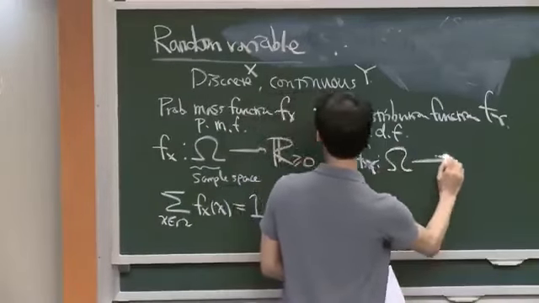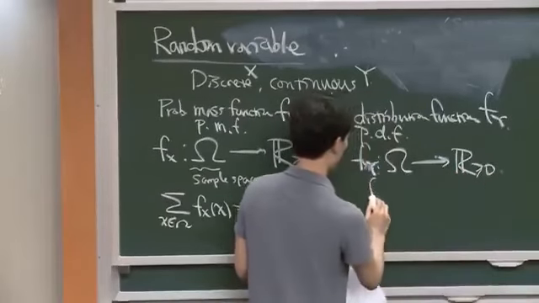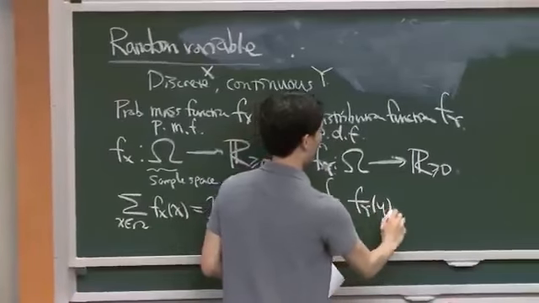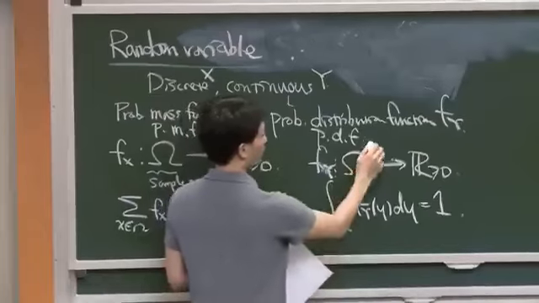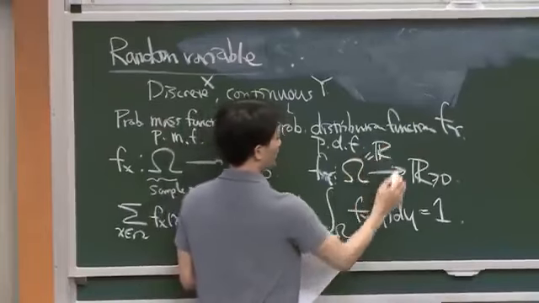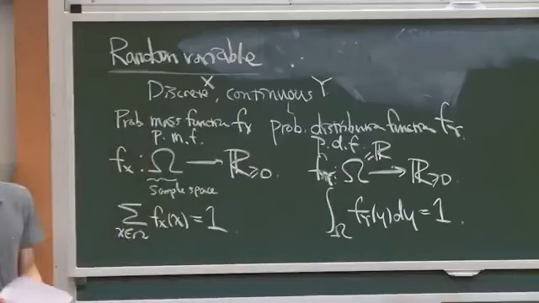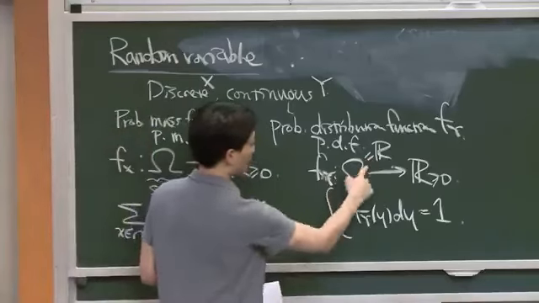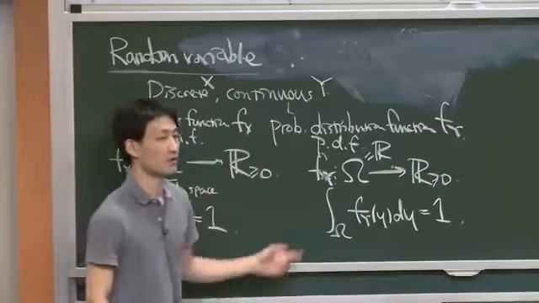A function from the sample space to non-negative reals, but now the integration over the domain equals 1. So it's pretty much safe to consider our sample space to be the real numbers for continuous random variables. Later in the course, you will see some examples where it's not the real numbers, but for now, just consider it as real numbers.